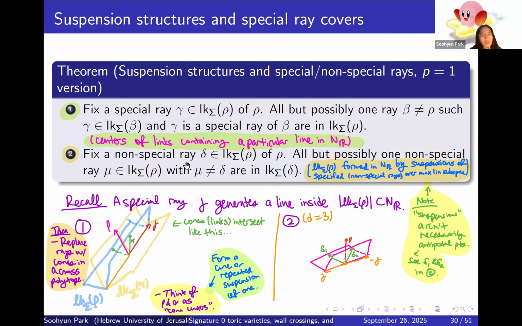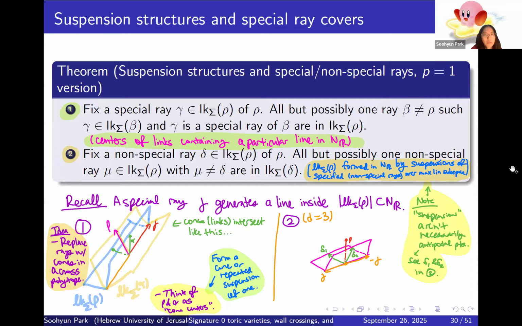The thing to note here is that unlike part 1, we actually lost the dependence on gamma. So that kind of means that the entire link is formed by taking this linear subspace and suspending a bunch of things over it, specific rays over it.